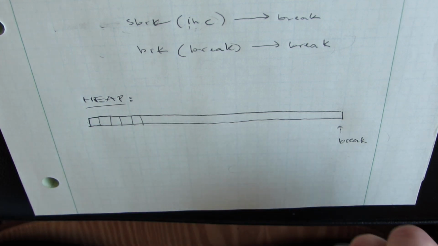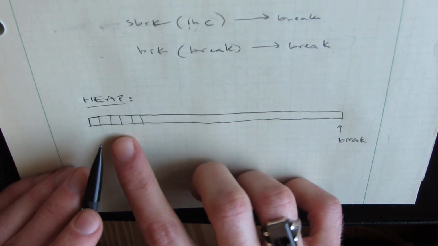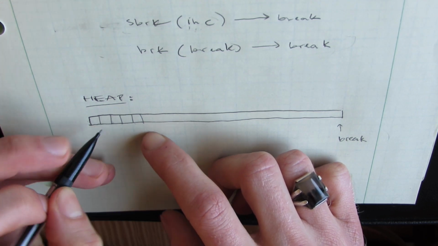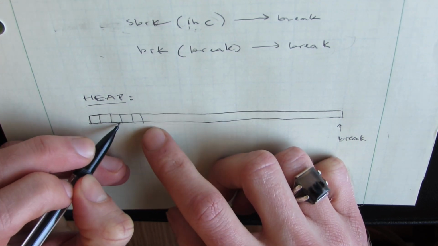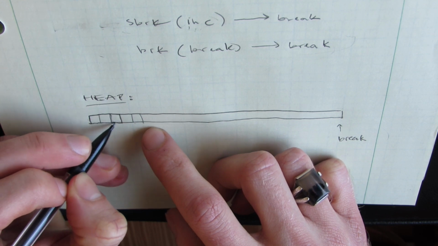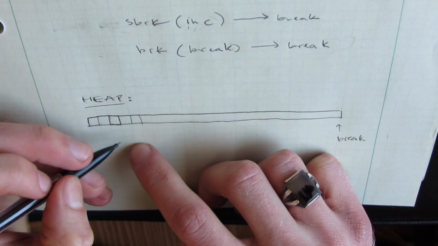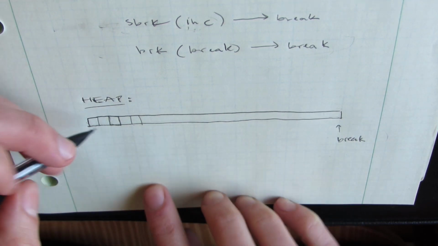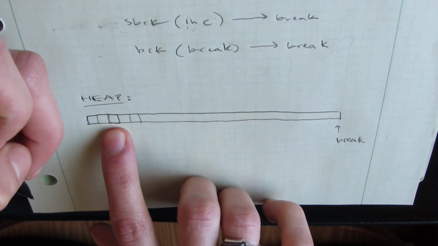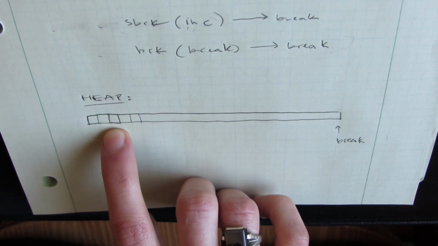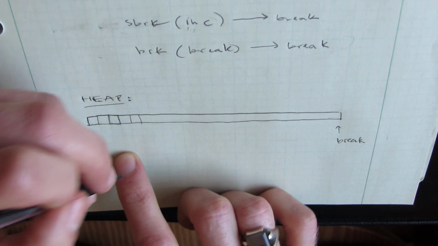From the kernel's perspective, what will happen is the process will try and write into some portion of memory. And since this virtual page is not mapped to a physical frame, you'll get a page fault. And so when this happens, the kernel can actually map this virtual page to a physical frame.